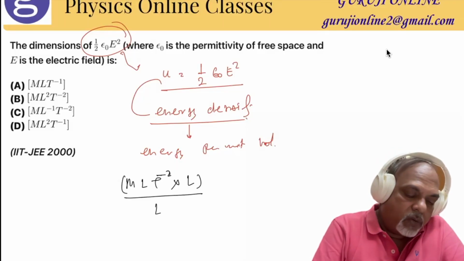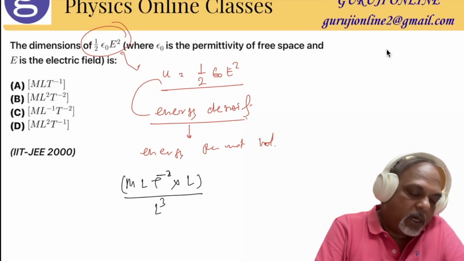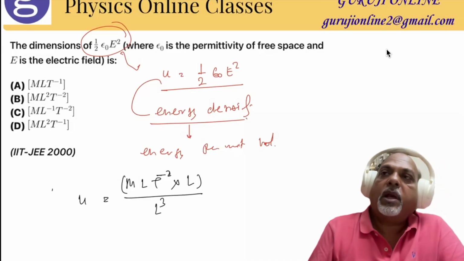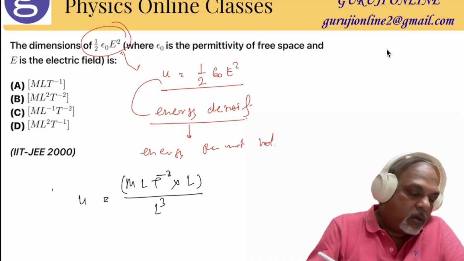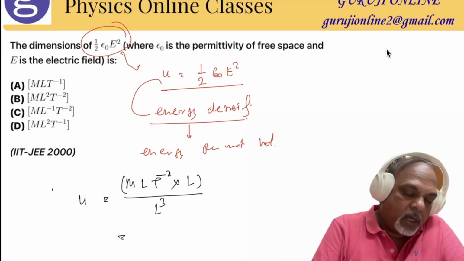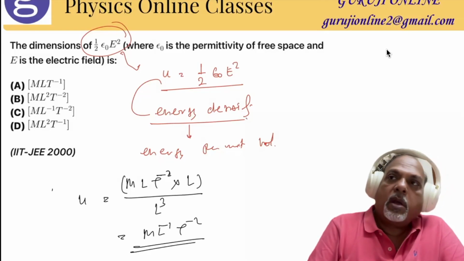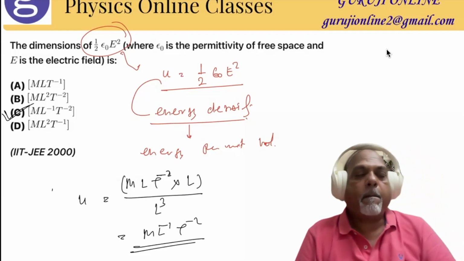Energy per unit volume, so this will come out as M L minus 1 T minus 2. Very simple question.